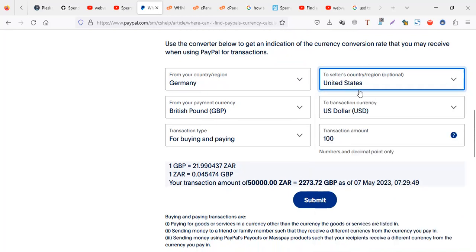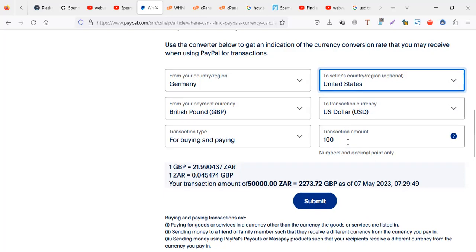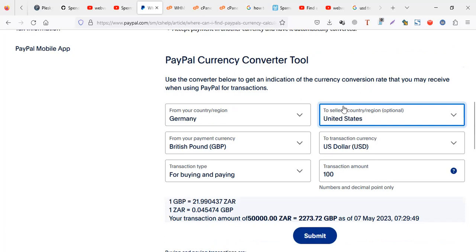The country on your PayPal doesn't matter. What matters is your currency. Even if you're coming from Kenya or Uganda, whatever the country, as long as your PayPal currency is US dollars, this is the rate they will trade your account with.